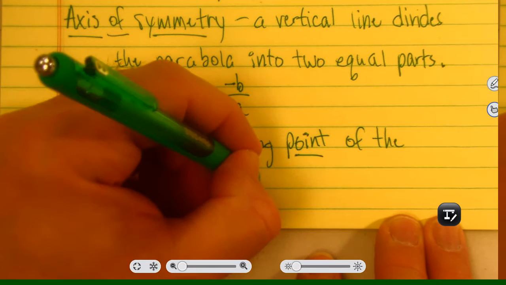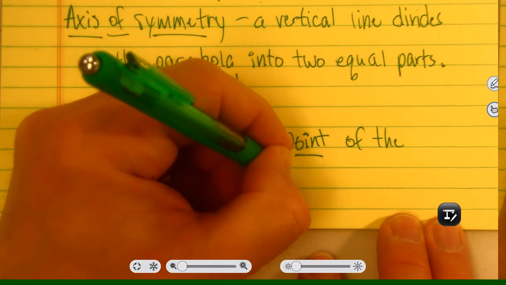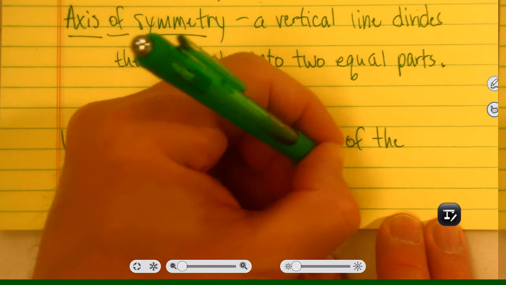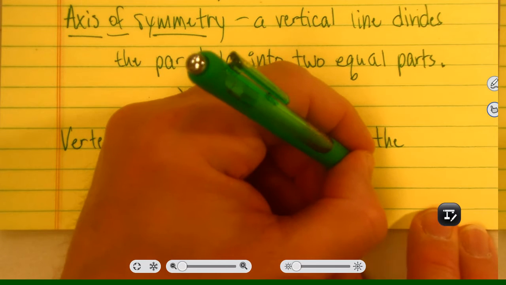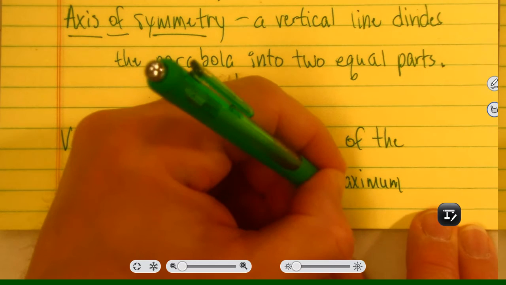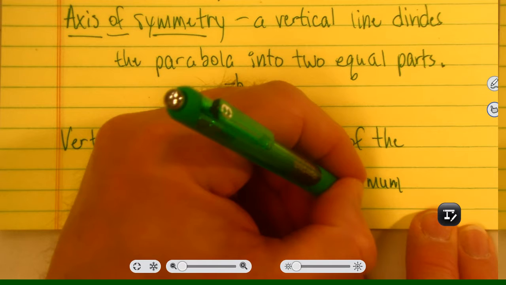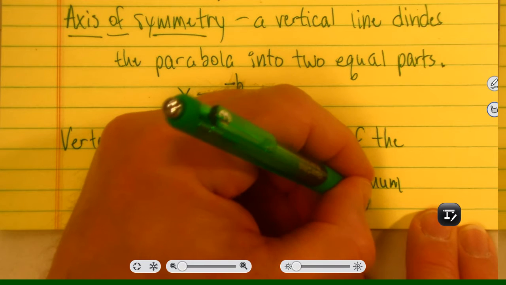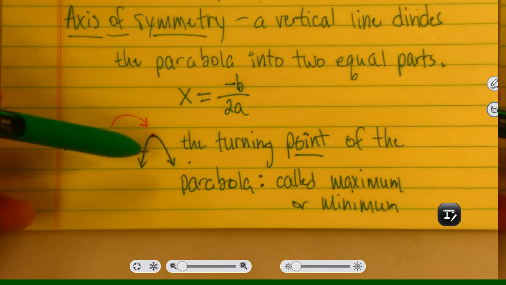And we give it some specific names. We either call it the maximum, or the minimum. This would be a maximum because it goes that high and it stops.